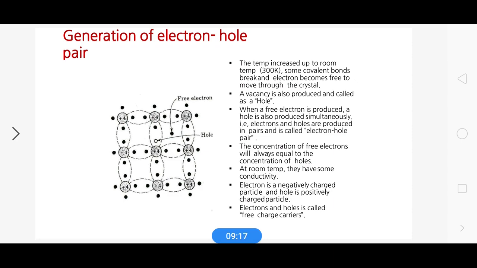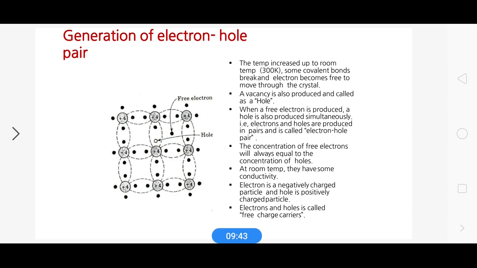And if one electron moves from its position, then there is a vacancy at that position in the covalent bond. Suppose one covalent bond is broken and one electron is moving freely in the crystal, then there is a vacancy present at the covalent bond.